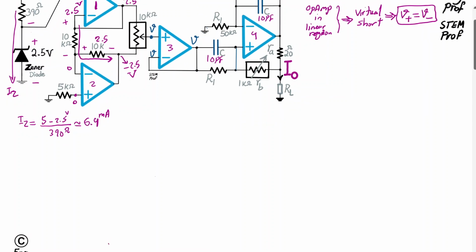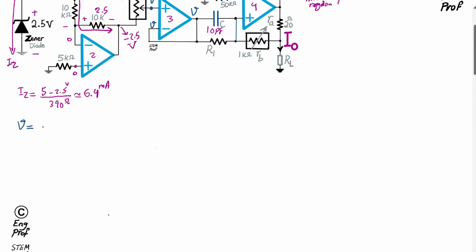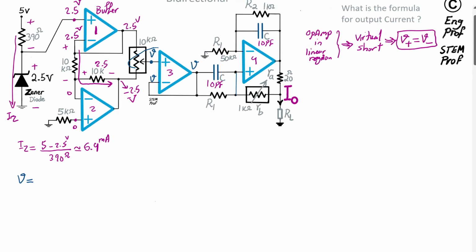So what is the value of this V which appears at the input of the final stage? Okay, so this V is as simple as this. What happens is, via this connection, when the digital code word for this potentiometer is, let's say, 0, this pointer is just connected to the lowest point, which means output V becomes equal to negative 2.5 volt.